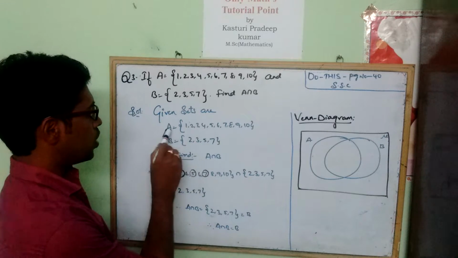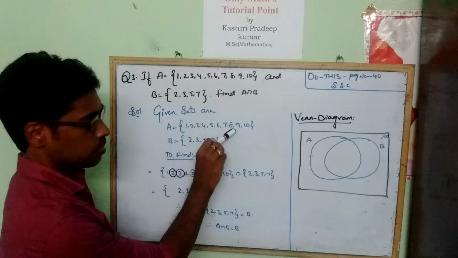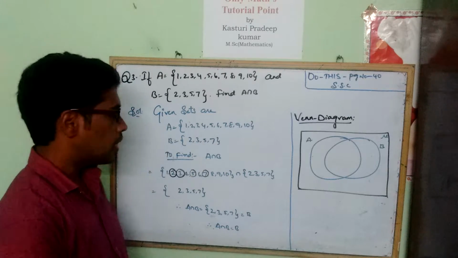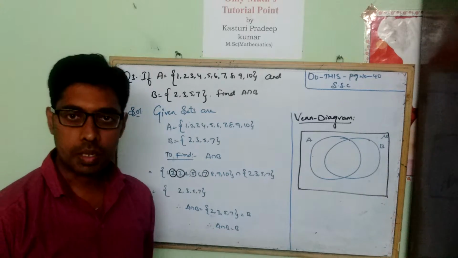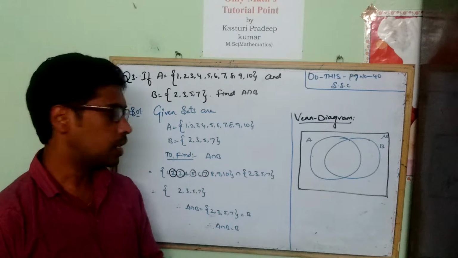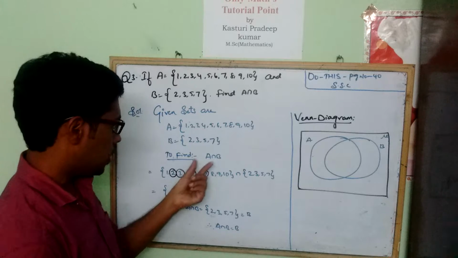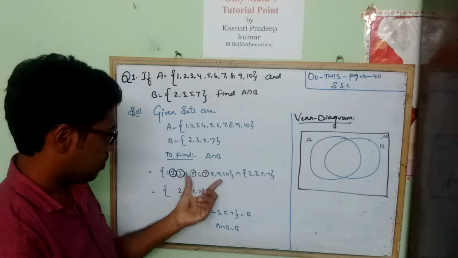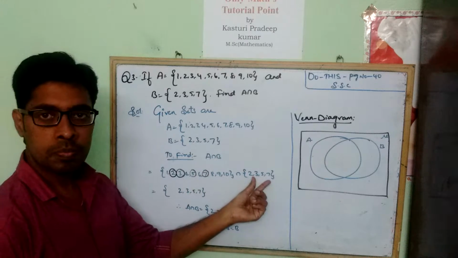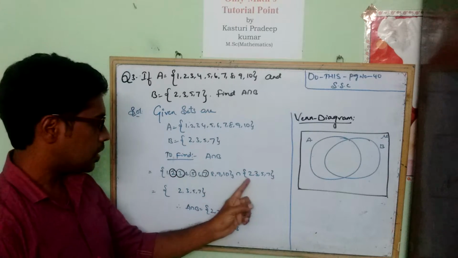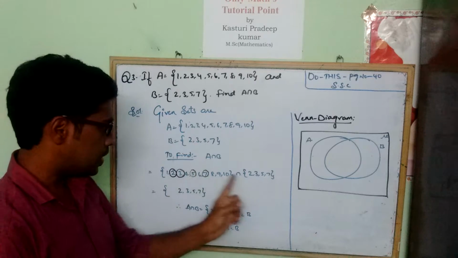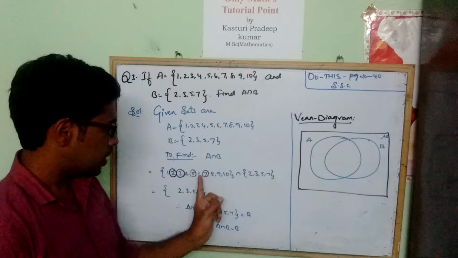See here, first write down what is given. Set A is 1 to 10 and set B is 2, 3, 5, 7 and they are asking to find A intersection B. Okay, so among these two, which is a common element, which is a repeated element in both the sets. Write down this pattern: set A elements, set A intersection set B. Observe which element is repeated in both the sets. 2 is repeated, 3 is repeated, 5 is repeated, 7 is repeated.